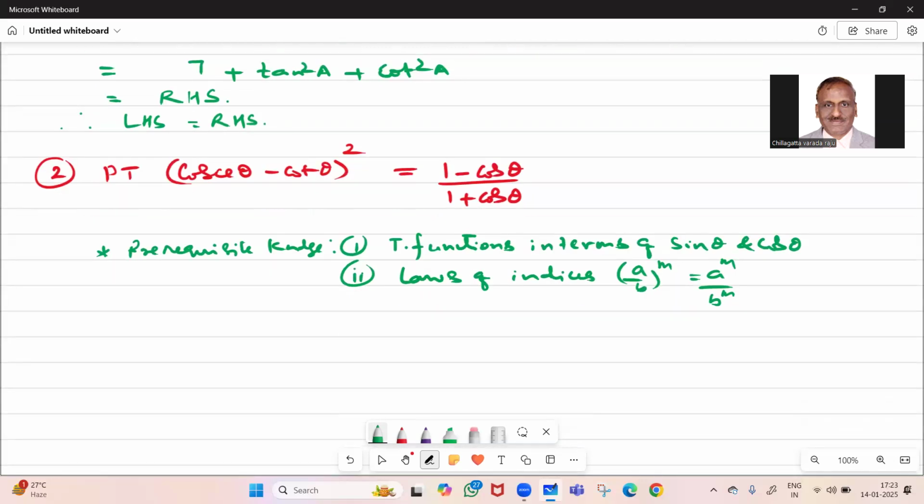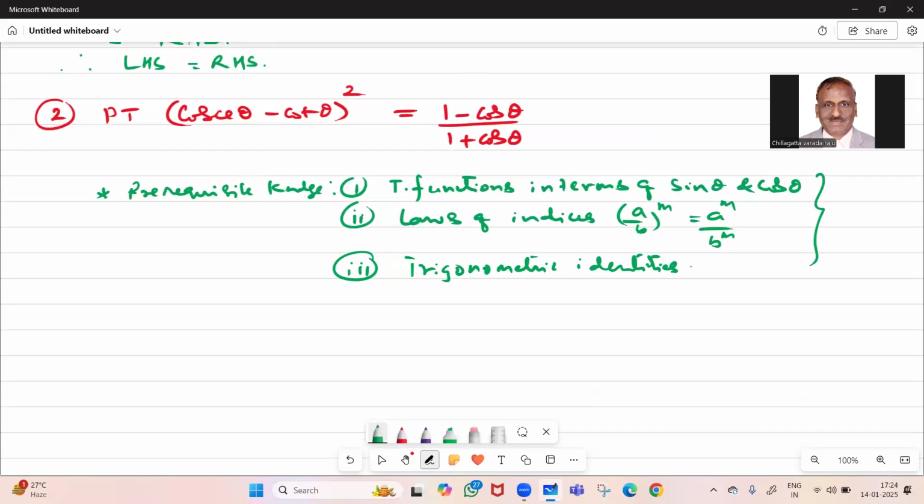Next, number 3 is trigonometric identities. So these 3 concepts you must know for solving this problem. And when I explain the problem based on these 3 concepts, it will be very easy for you and you can easily understand how to solve the problem.